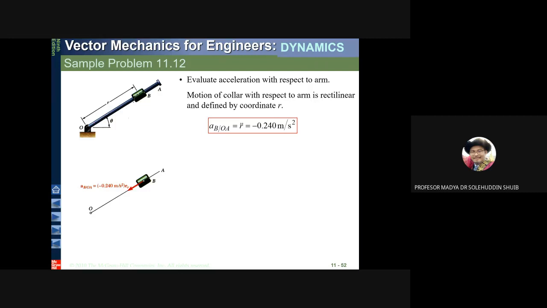This collar keeps moving up and down. So the motion of the collar with respect to the arm is rectilinear, and is defined by coordinate R. Therefore, AB relative to OA is basically R double dot. We differentiated it just now and obtained the value of minus 2.40 meter per second.